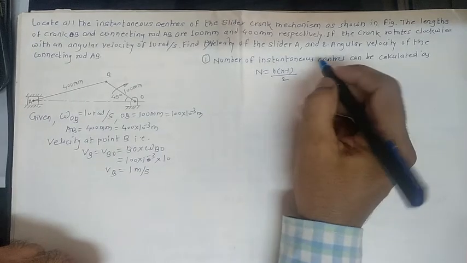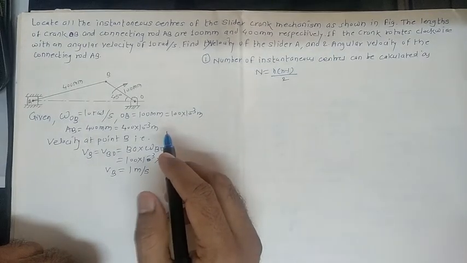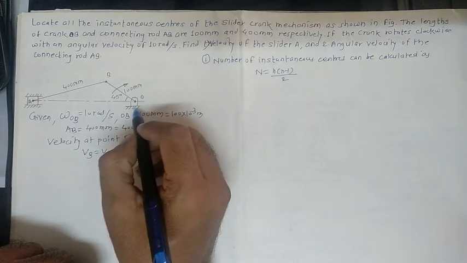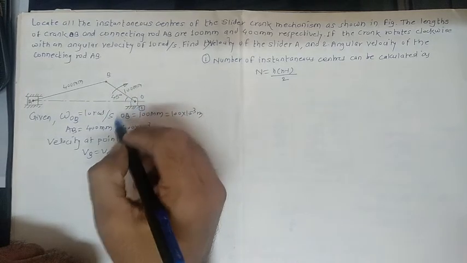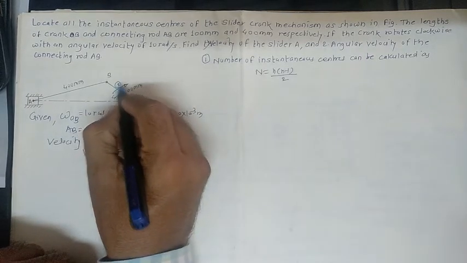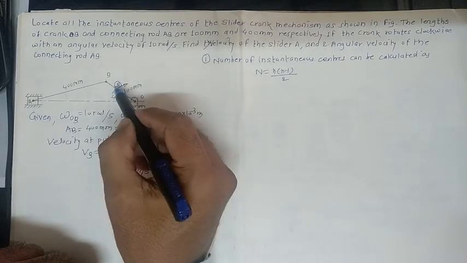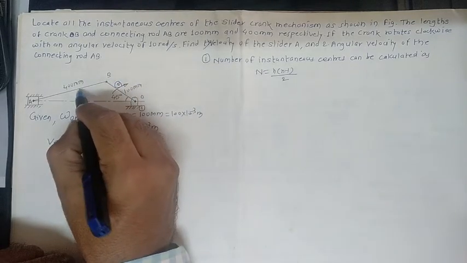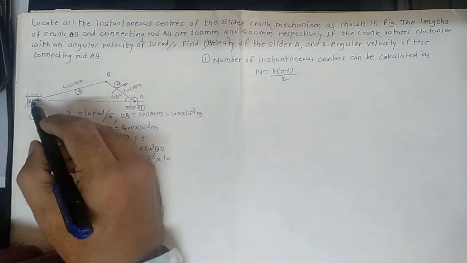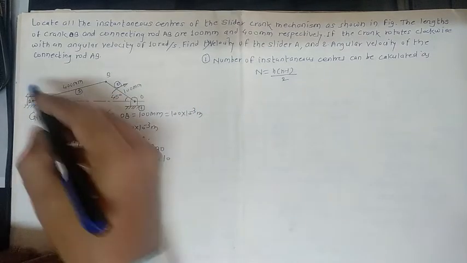Here in this case, first of all count the number of links. The fixed link we consider as link number 1. The crank we consider as link number 2, the connecting rod is link number 3, and link number 4 is the slider.